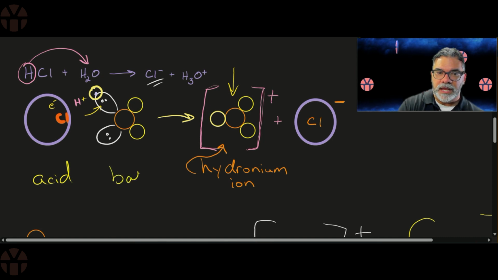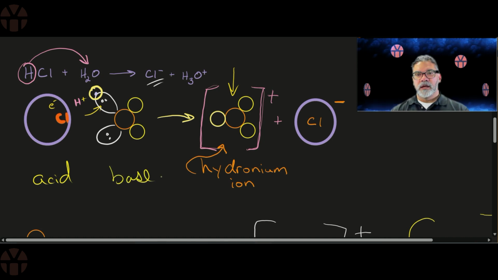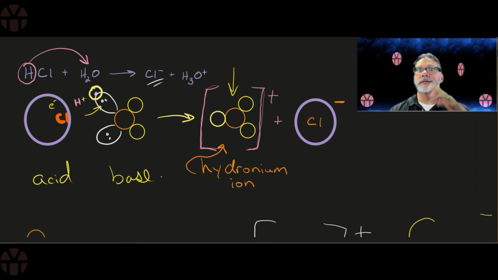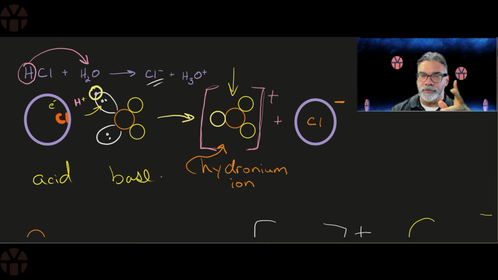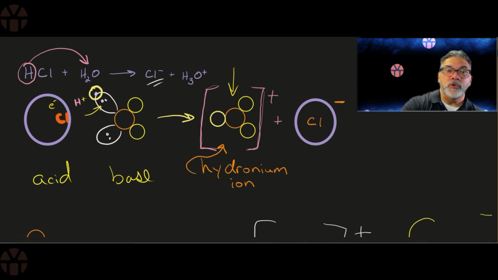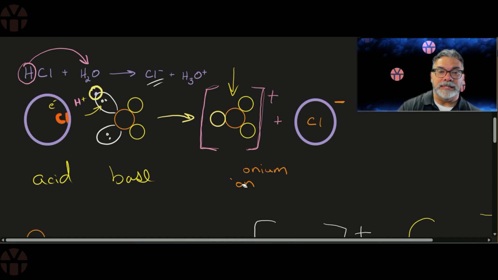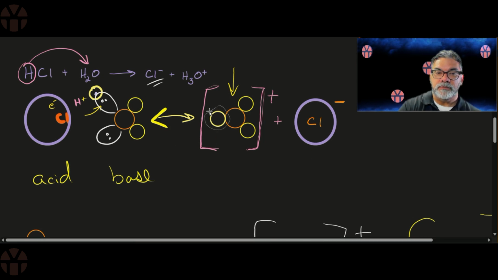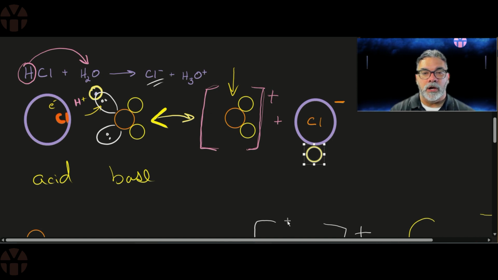Hang on, water can be acidic and basic? And the answer is yep. We'll talk about what type of substance can do both of those. But in doing so, it produced hydronium and Cl-. Now again, if I were to reverse this reaction, if we were to take this thing backwards, it seems to me like the hydronium would have to donate the hydrogen back to the chloride ion.